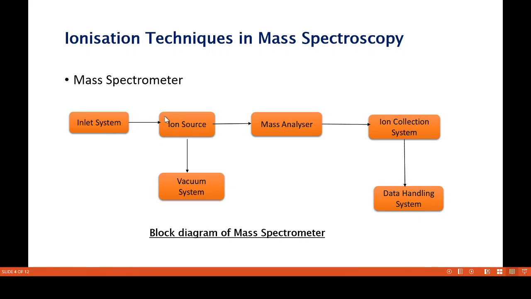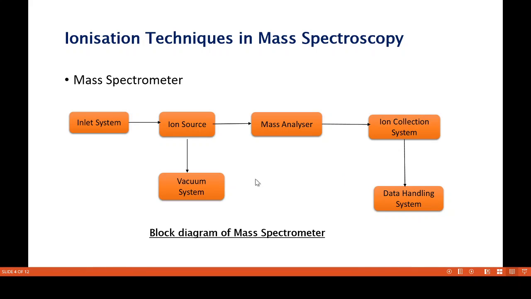Then it is transferred to the ionization chamber. In the ionization chamber, ions are produced. Those ions are transferred to the mass analyzer and then collected by the ion collection system, and finally they are recorded in the data handling system.